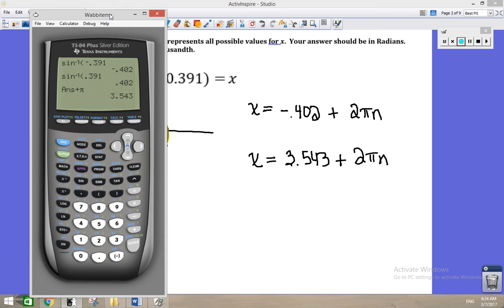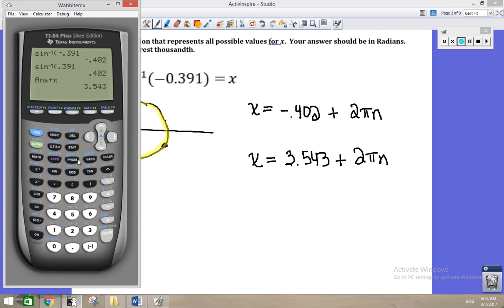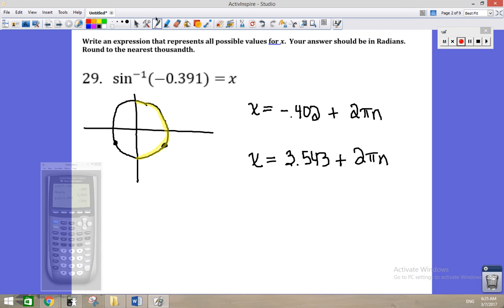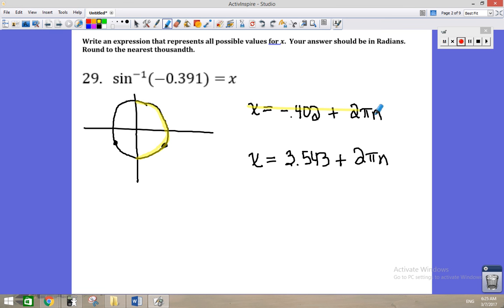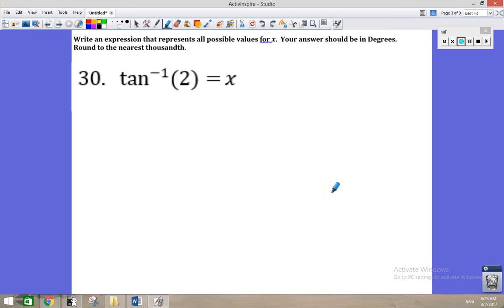So I need both of those equations. And if I take the sine, say, of that, I should get something that's approximately negative 0.391, and I do. So I need both of those equations to describe all of the solutions that are possible to this equation.